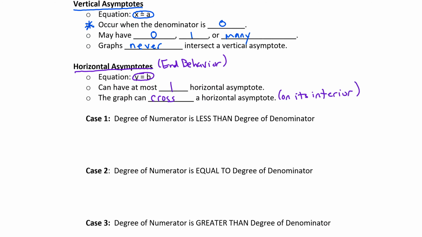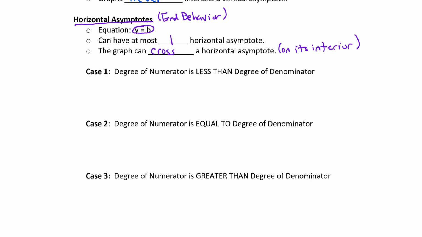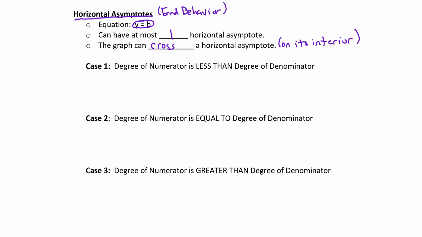To find a horizontal asymptote, we're going to use the 3 rules related to the degrees of the numerator and the denominator. So, at first, these rules can look intimidating, but once you learn them, really there's no work to show. You'll be able to look at the function and determine by looking what's the equation of its asymptote.